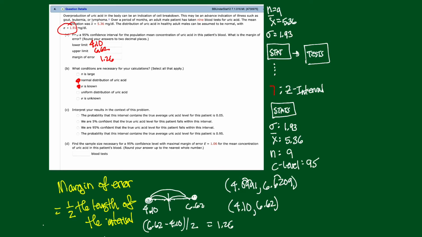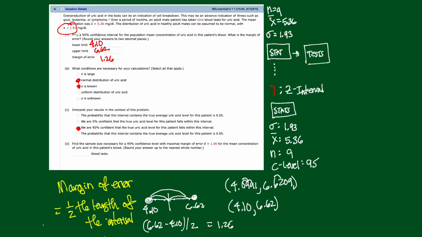Now let's interpret this. So we got a 95% confidence interval. So what I'm saying here is that I'm 95% sure that this interval captures the true mean. The probability that this interval contains the true average uric acid is 5%? No, it's the opposite. No. We're 95% confident that the true uric acid level for this patient falls within this interval. That's what we're looking for. So I'm going to claim it's that one, but let's just read the last one to be sure.